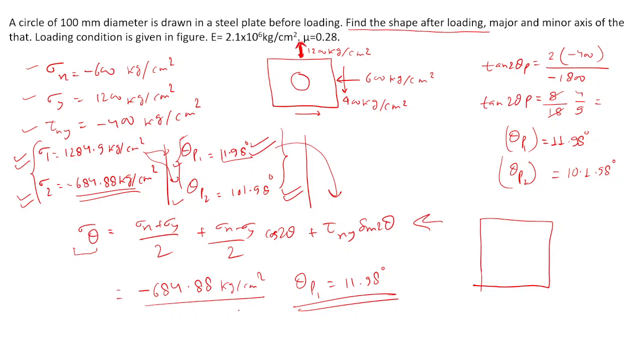So what is the conclusion? This angle is for this and this angle is for this, right? Now the circle is initially this, right? Now what would be the shape of the circle? So an obtuse angle will be formed by the major axis with the x axis.